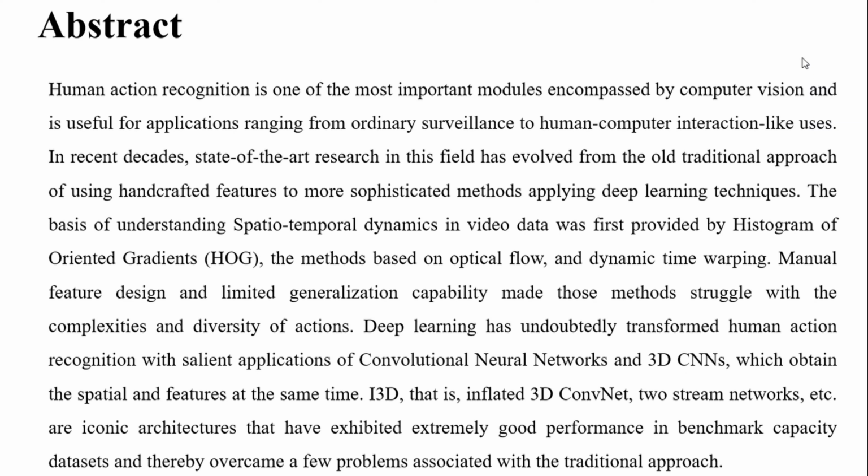We are introducing our project with the proposed system using I3D convolutional neural network, where I3D stands for inflated three-dimensional convolutional neural networks, which will solve the limitations that arise in traditional methods.